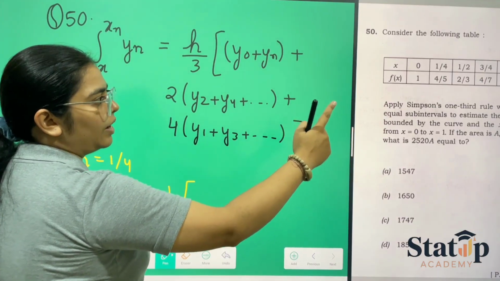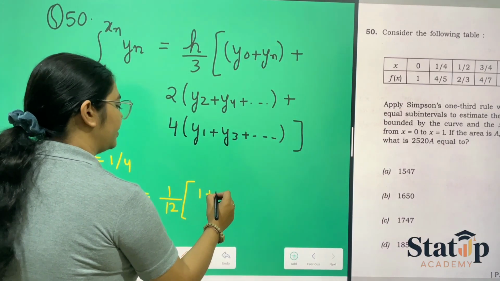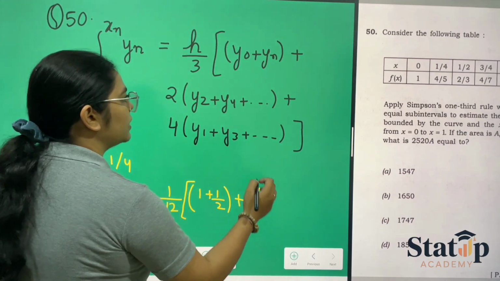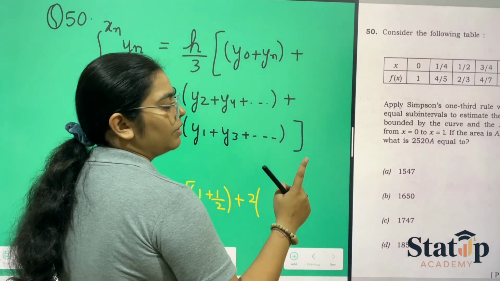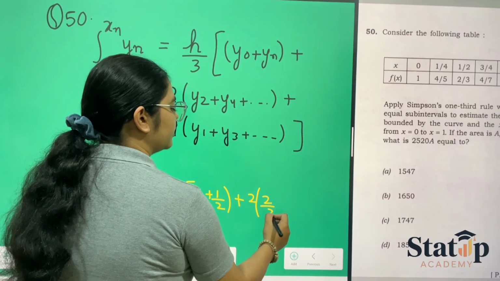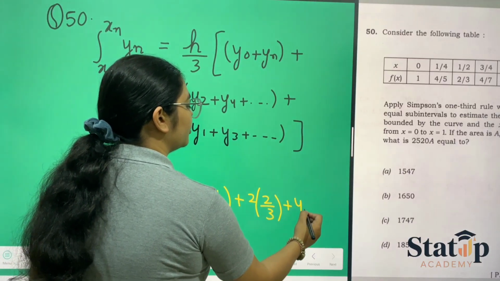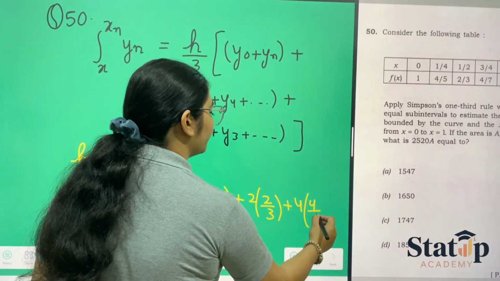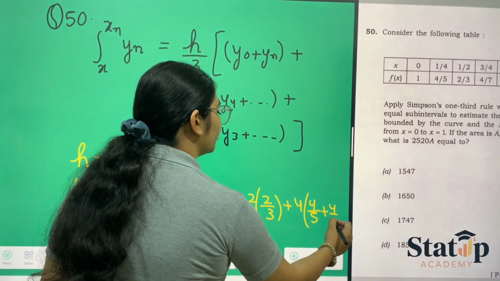Y0 is the first term and yn is the last term. So 1 plus 1 by 2 plus 2 into all the even terms. Even term is only one, which is half, so it will be 2 by 3 plus 4 into all the odd terms. Odd terms are 2, 4 by 5 and 4 by 7. So 4 by 5 plus 4 by 7.